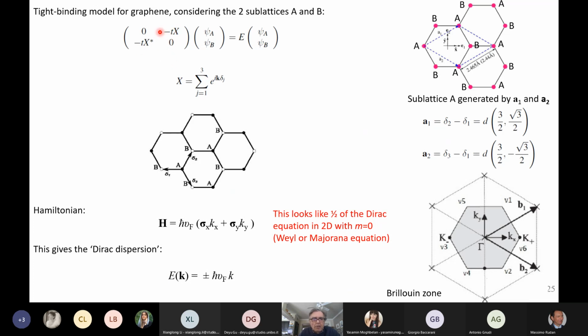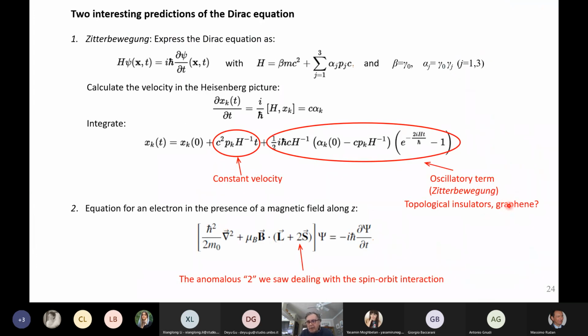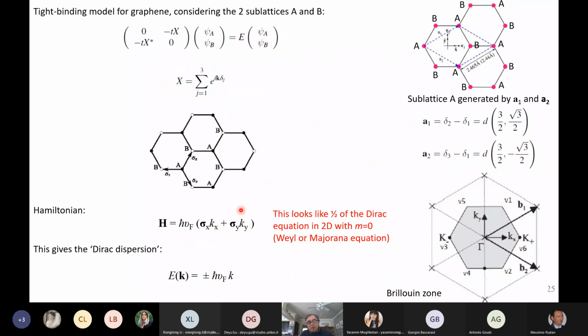And so you can express the expectation value of the energy, so the band structure of these 2 sublattices interacting one with the other, in terms of a 2x2 matrix. And this, again, you can express in terms of the Pauli matrices. And that's where you get this massless Dirac expression for graphene. And I think that's why people are interested in looking at whether in graphene you can actually see something like the Zitterbewegung, because solving that equation for the velocity of an electron, the group velocity of an electron, you will also get that behavior.